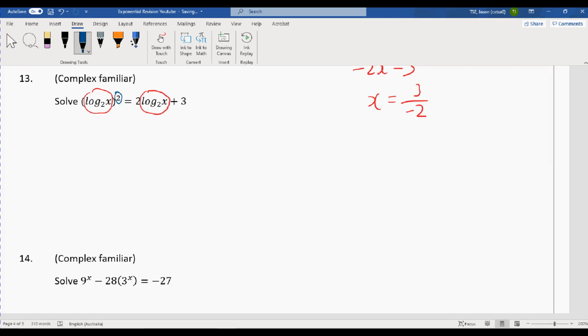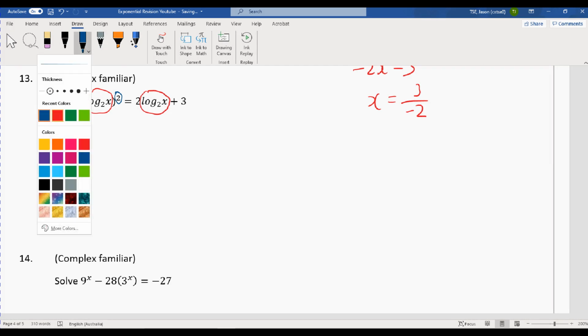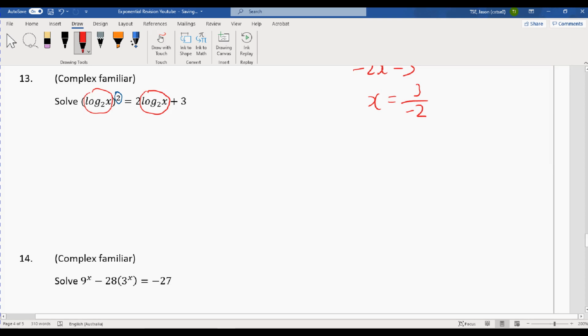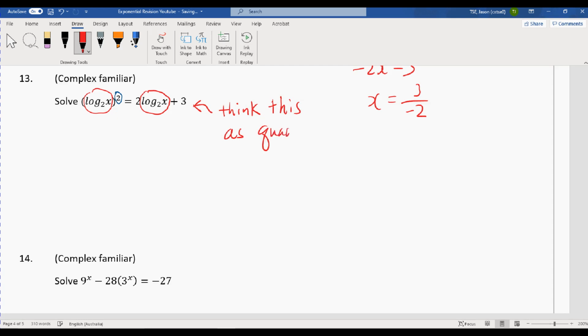To solve these kinds of questions, normally we need to think of this as a quadratic. What do you mean by quadratic?